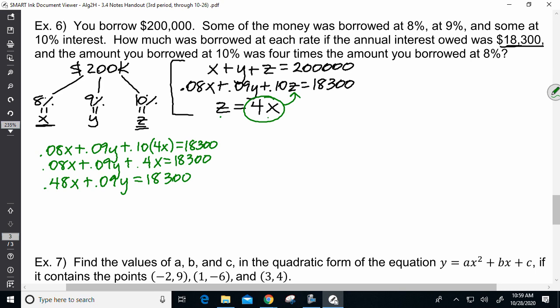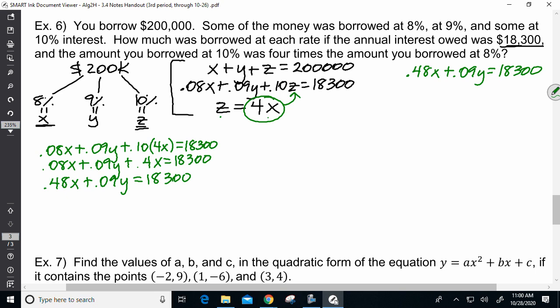Alright, that'll work. So I've got one equation that I can work with. So what else? I need another equation to pair off with it.